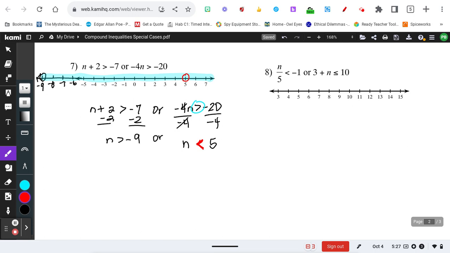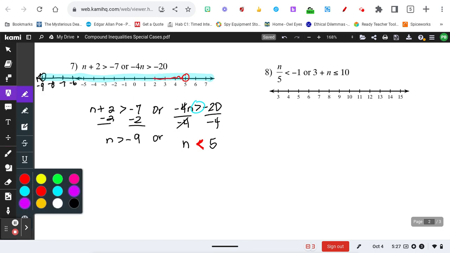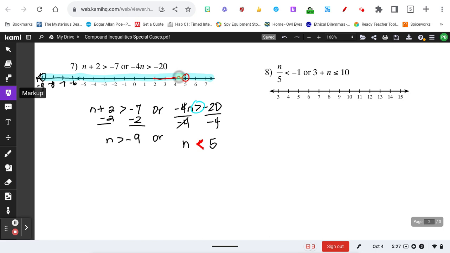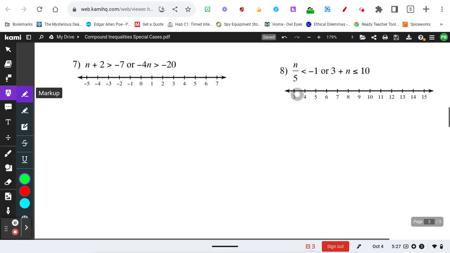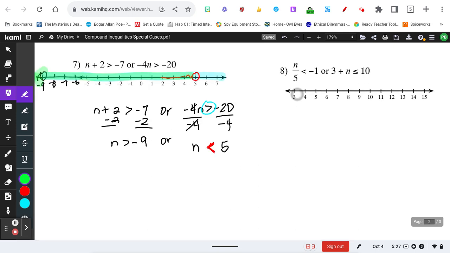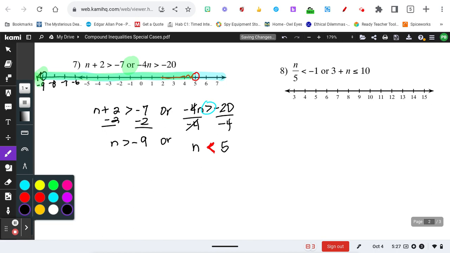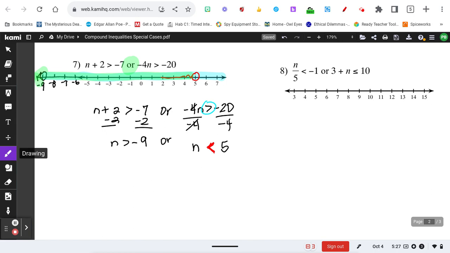Well, all of this is less than 5. Okay, if I keep going, I'm going to shade it in green. All this is less than 5. Okay, but keep in mind, you're not looking for where they overlap, because this is joined by or, okay? So what you're doing is just trying to see what's shaded. You're putting down every part on the number line that's shaded.